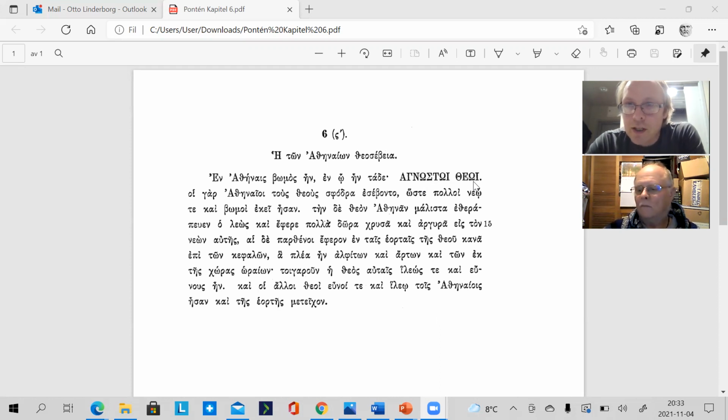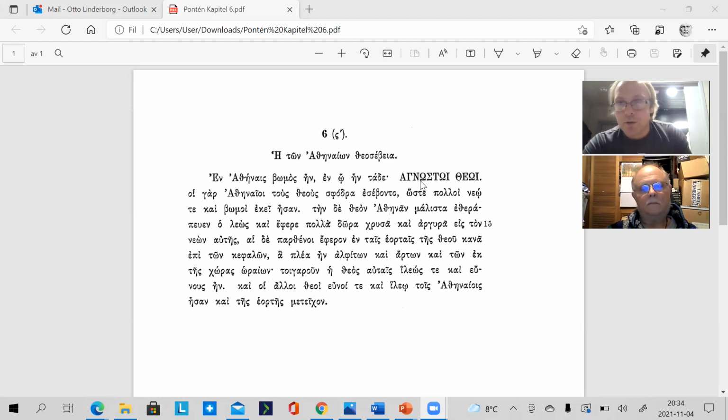So if you remember, I said that if you find an iota subscript in the concluding syllable in a noun form, then with high probability it's going to be a dative singular form. So this is also a dative singular form. This is a so-called proper dative. It gives expression to for whom the action is performed.